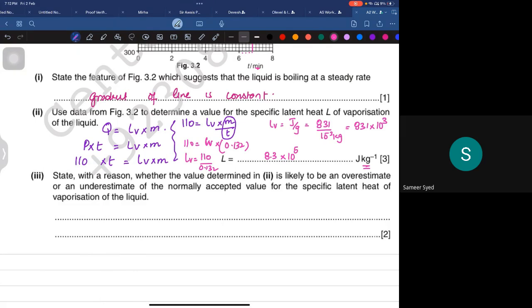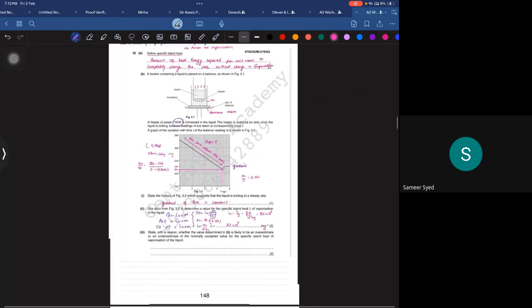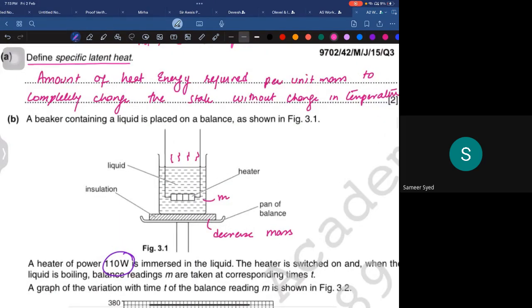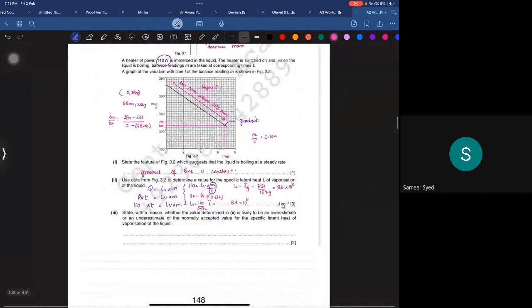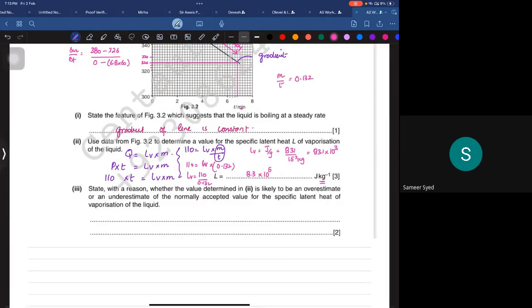Now, again, if you look at the whole system, the system is not insulated. They ask you to state the reason whether the value determined is an overestimate or underestimate. What are you going to say? Is it an overestimate or an underestimated value? Overestimated. Exactly. It will be an overestimate.